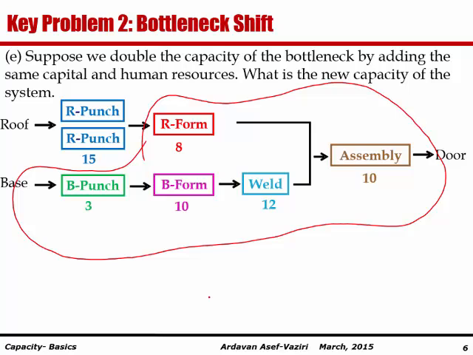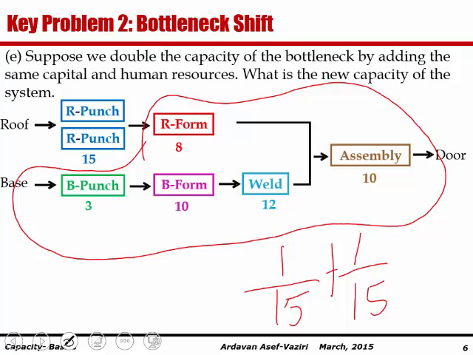The only thing which changes is the capacity of our punch, which is 1 over 15 per minute, correct? But that is the capacity of one R punch. We do have two R punches, so the capacity is 1 over 15 plus 1 over 15.